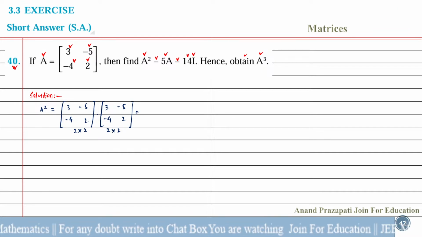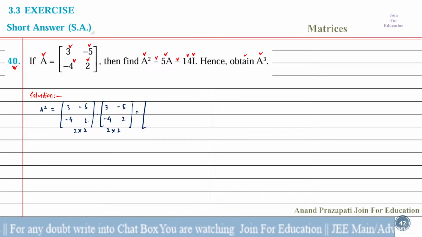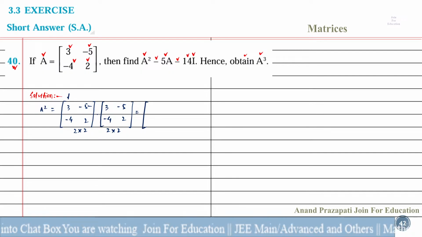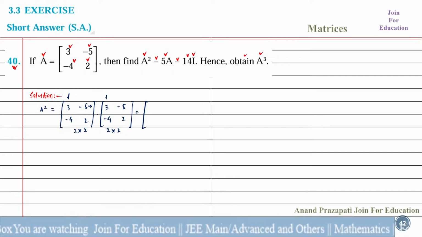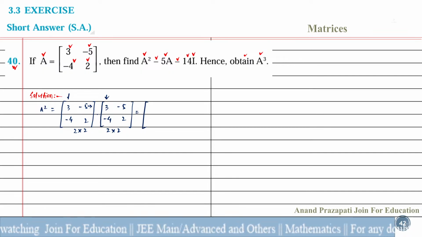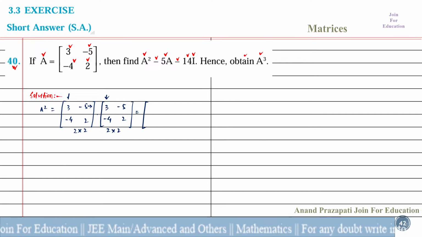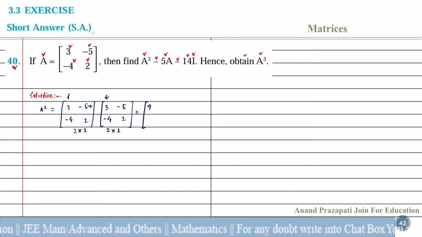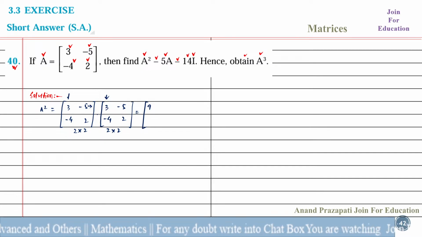Therefore, the required multiplication here will be first row along first column: 3 times 3 is 9, and minus 5 into minus 4 equal to 20.